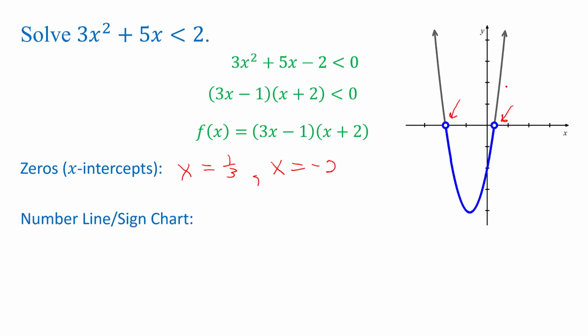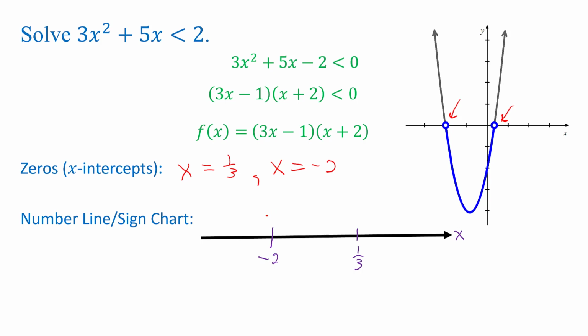Well, let's go on, and to find where my function is positive or negative, I'm going to create a number line, or a sign chart of sorts. On this number line I'm going to put my zeros of negative 2 and 1/3. These are x values that go along this number line.